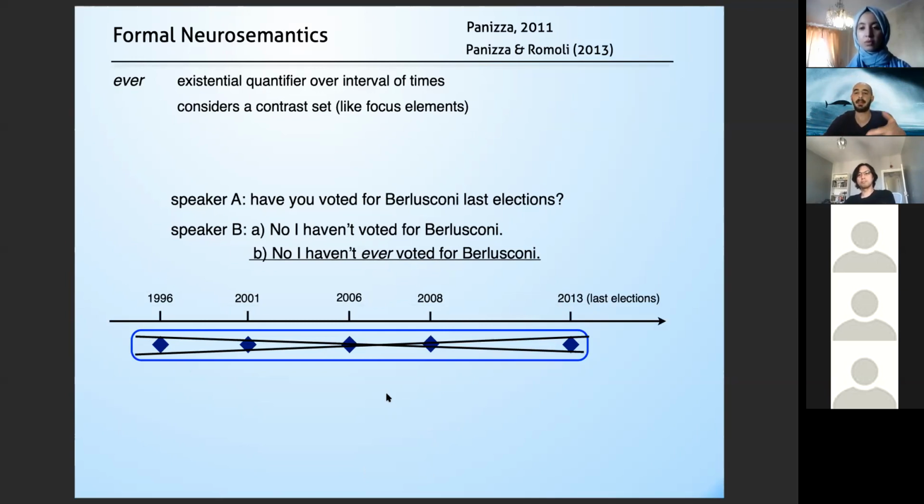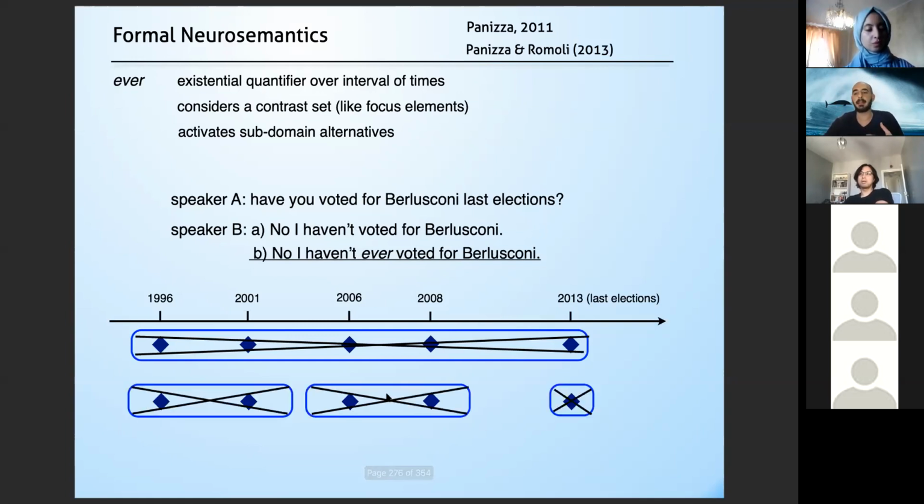And again, this would not be different from using a plain indefinite, right? But then, in this case, you don't have a plain indefinite because it's a temporal adverb, but that's not a thing.